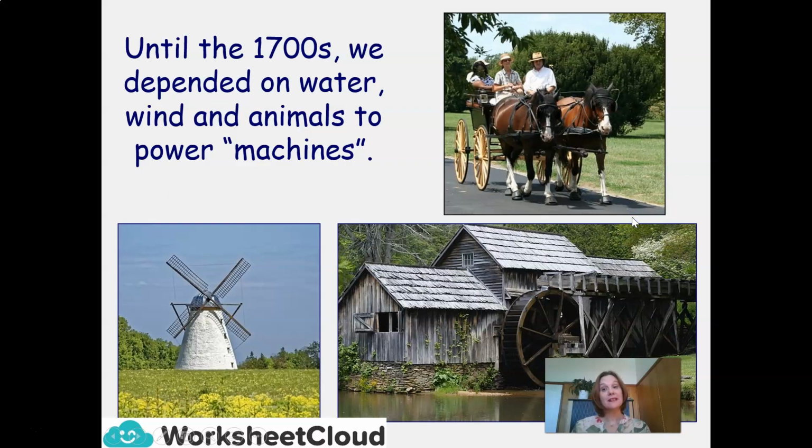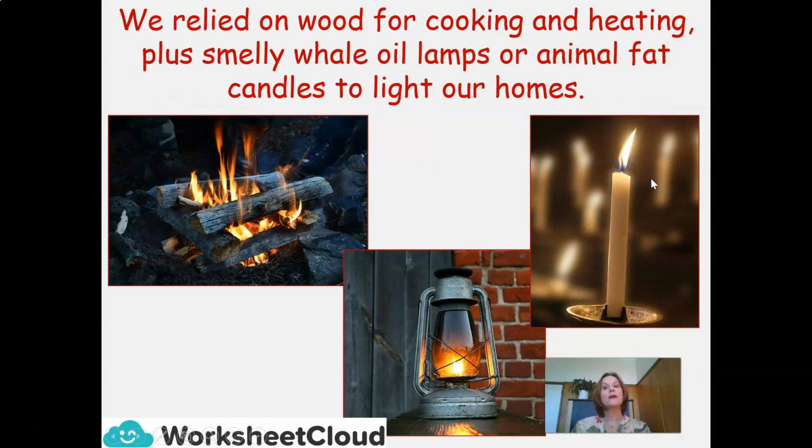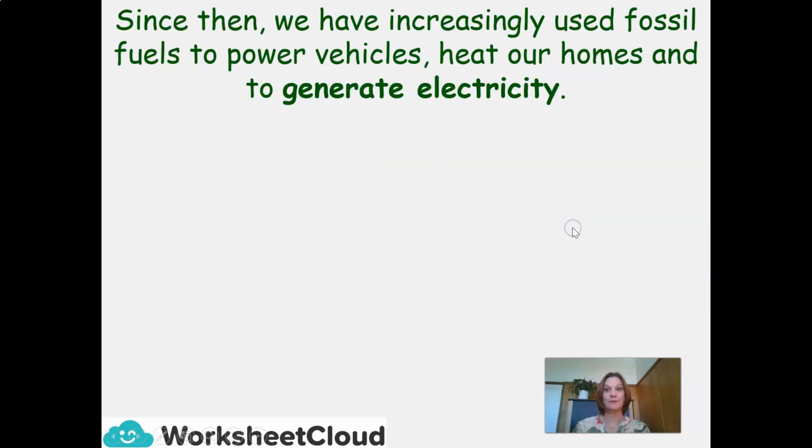Until the 1700s, we basically depended on water, wind, and animals to power all of our machines to get everything we needed to live our lifestyles. We relied on wood for cooking and heating, plus smelly whale oil lamps or animal fat for candles to light up our homes.